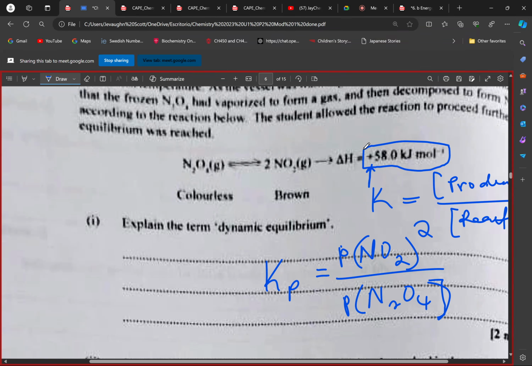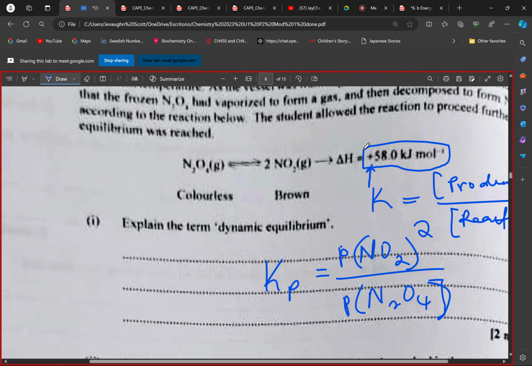Endothermic means cold, right? So what we're doing is decreasing the temperature. And as I said, if there's an endothermic reaction and you're decreasing the temperature, we're going to move to counteract that change, and that means we're going to move in the exothermic direction, right?